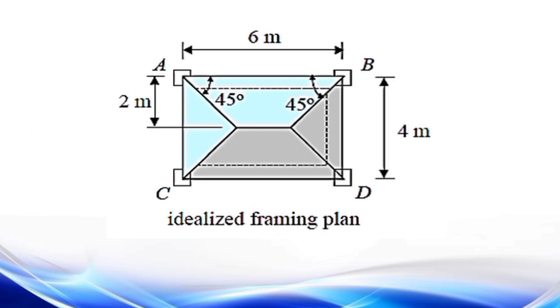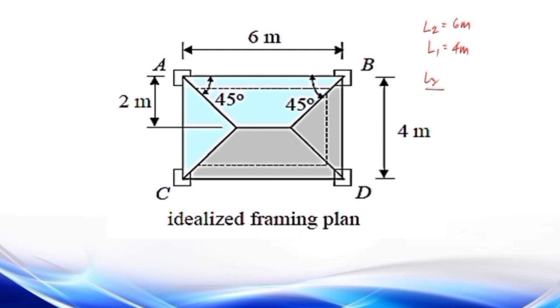This idealized beam is the same for AC, AB, and beam BD. How about if we have a length of 6 meters and a width of 4 meters? Let us first check if this is a one-way or two-way slab. We have L sub 2, the larger one, that is 6 meters, and L sub 1 is equal to 4 meters.